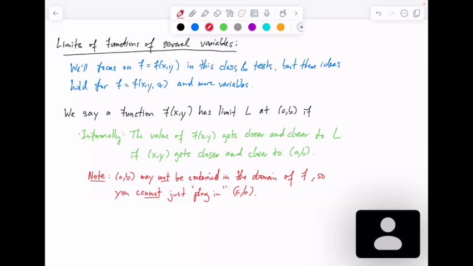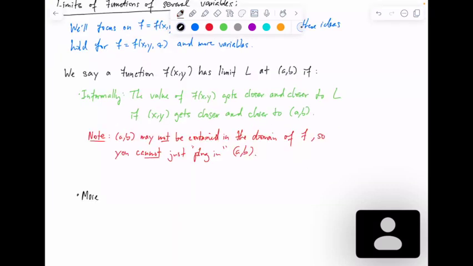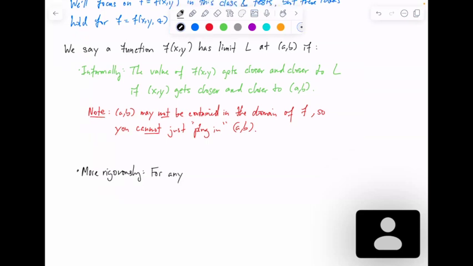Now formally, more rigorously, we say the following is true. I'm going to put some scary Greek letters here, but we don't actually need to know this when you're doing the exercises; it's important that you see this definition at least once.